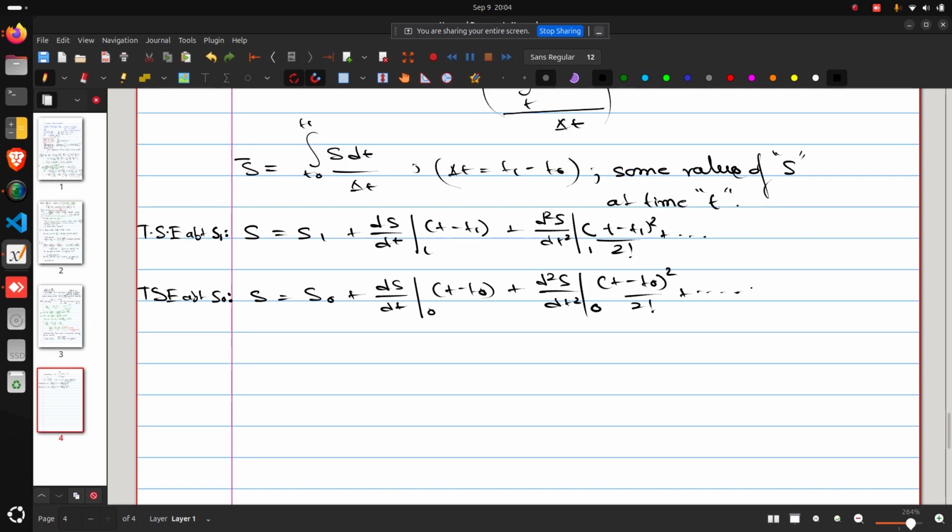So here we are not concerned about whether this t minus t1, t minus t0 is positive or negative. We just don't bother about it, right? If it is negative, it will be negative, and if it's positive, it's positive. Okay, this is just some arbitrary time t. Now what we will do is integrate this from t0 to t1. Let this be equation A, equation B.